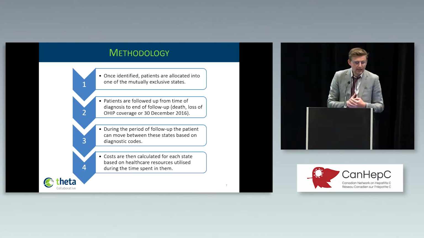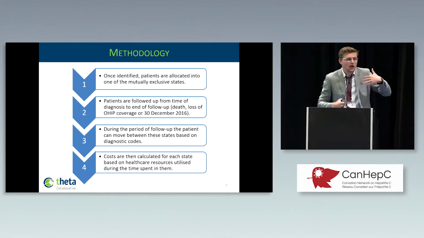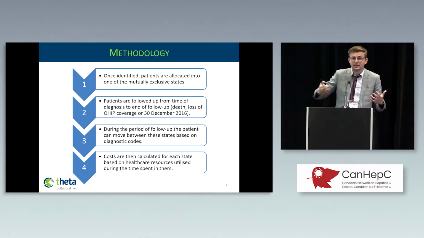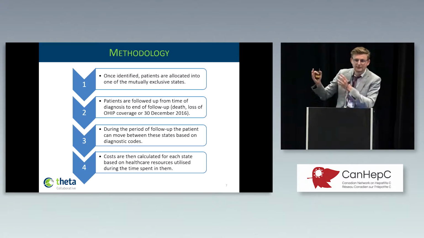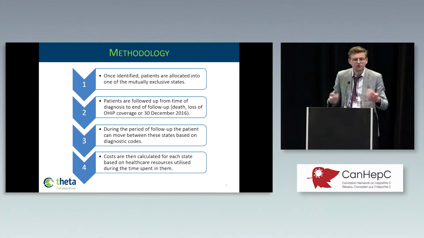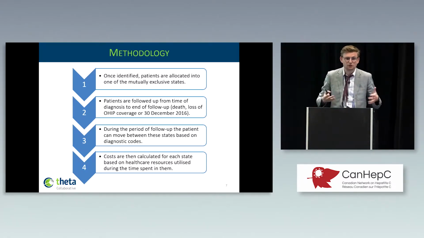During that period of follow-up, the individual can move between these health states. You could have an individual who has no cirrhosis, and then after 5 years they may develop compensated cirrhosis, at which point they leave the no cirrhosis state and enter the compensated cirrhosis state. And then the final stage is costing based on the resource utilization that was incurred during the time you spent in each state.